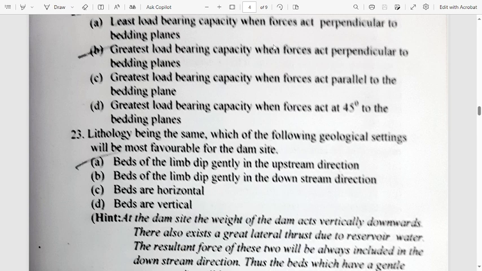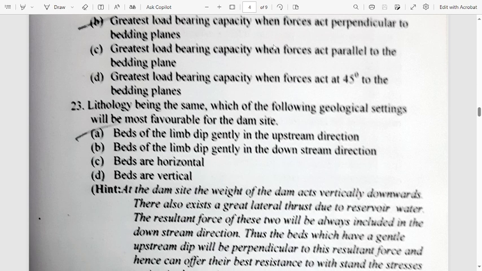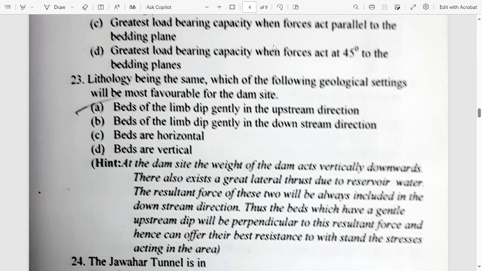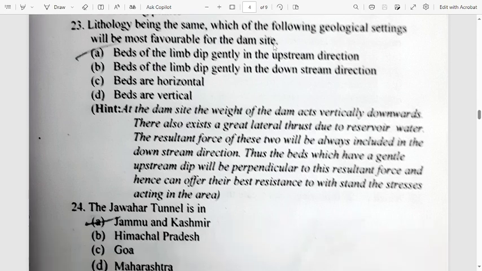There also exists a great lateral thrust due to reservoir water. The resultant force of these two will always be inclined in the downstream direction. Thus, the beds with a gentle upstream dip will be perpendicular to the resultant force, and hence can offer the best resistance to withstand the stresses acting in the area.